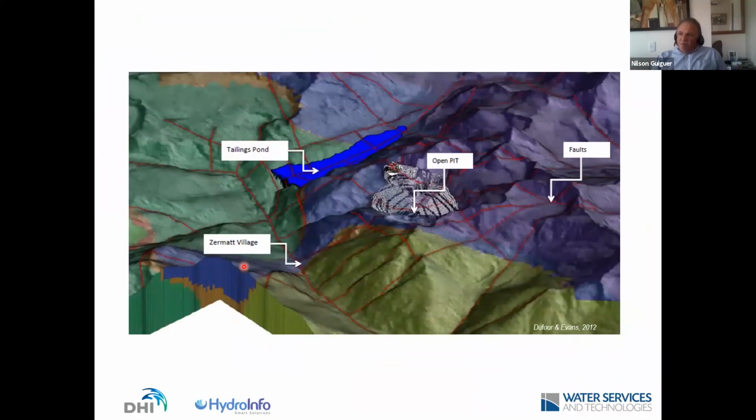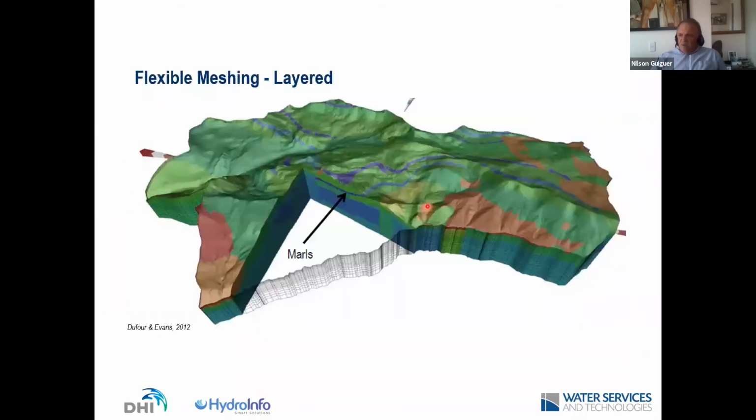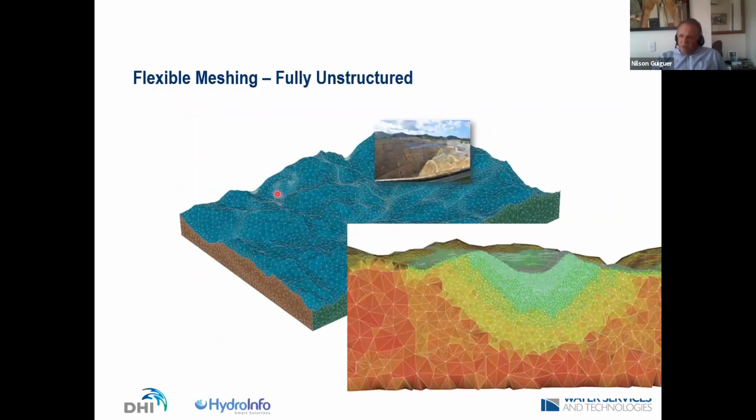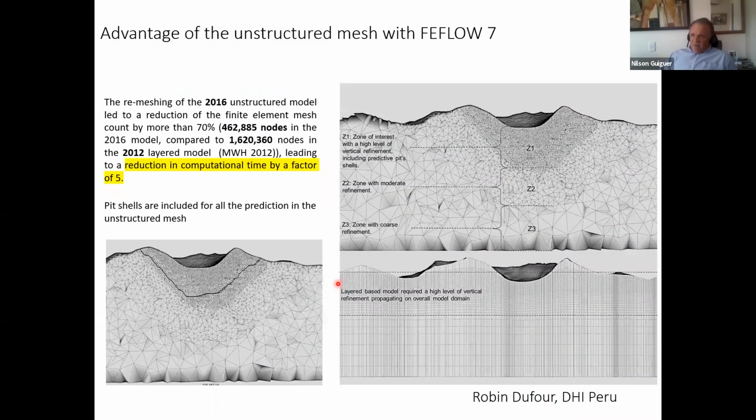An example, if you have an open pit and you want to see the dewatering, one can do a layered mesh or an unstructured mesh, representing the pit on a structured mesh. And this one was done by Robin Dufour from DHI Peru. And he had a chance to do a model in 2012 using a standard layered mesh.